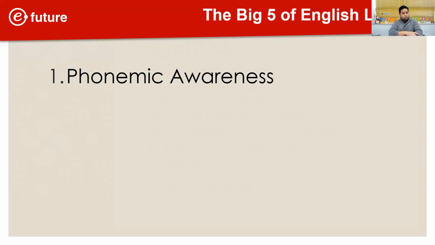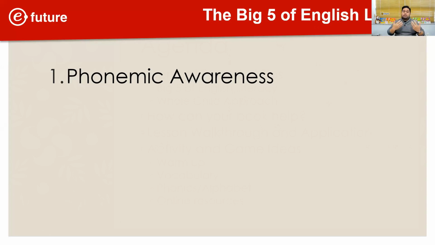Phonemic awareness is just that basic knowledge and awareness of the phonemes, of the sounds, to identify the letter names and their sounds. It's building that base of, okay, I know these sounds exist.